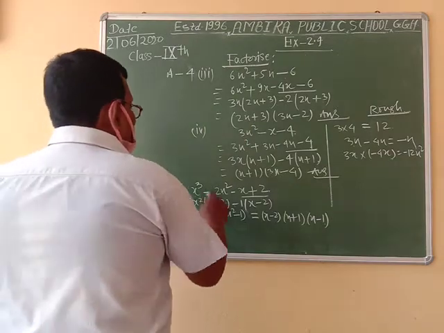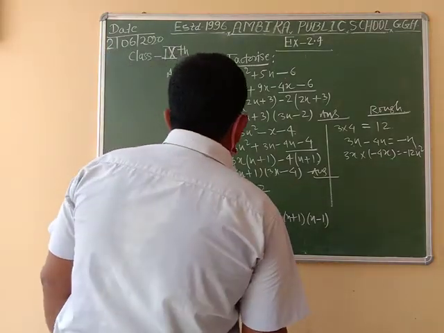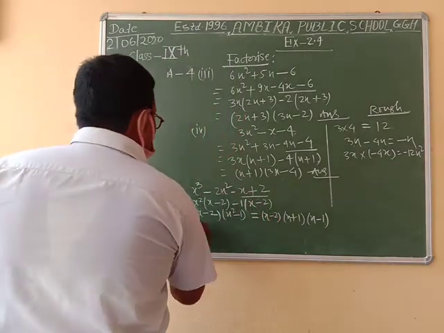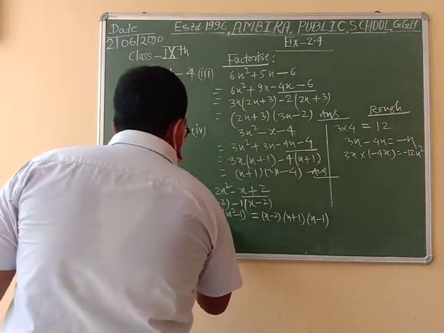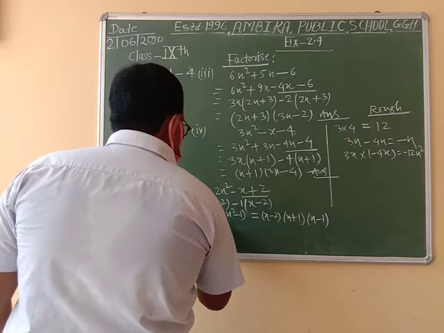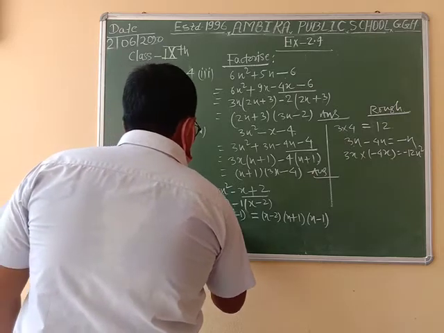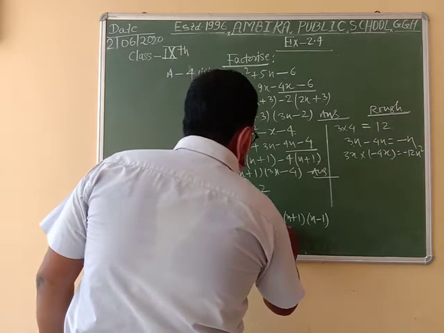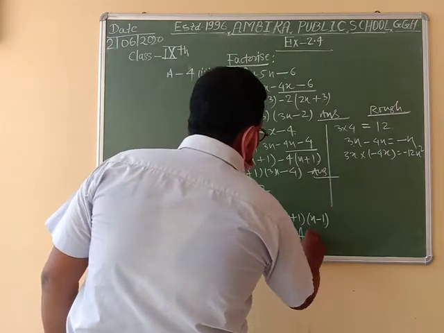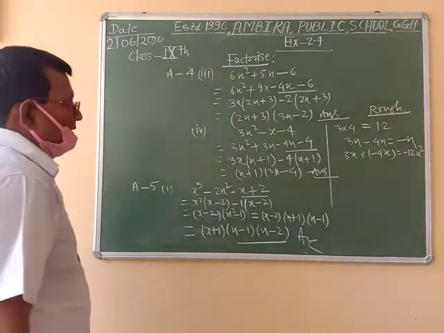Hence, the factorization of x cube minus 2x square minus x plus 2 is equal to x plus 1 into x minus 1 into x minus 2. This is the answer of this question.